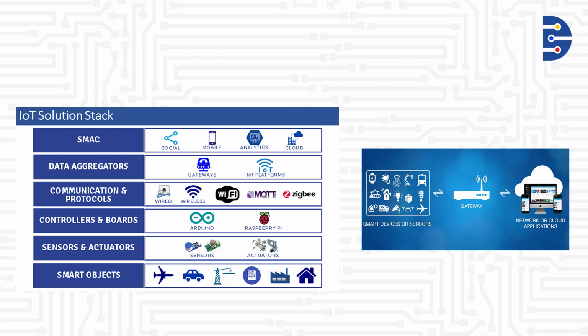There are so many sensors, devices, controllers, and the data needs to go to the cloud. The cloud cannot be talking to each individual sensor or each individual controller. You need to aggregate all of this data before sending it to the cloud. That role is performed by the gateway.